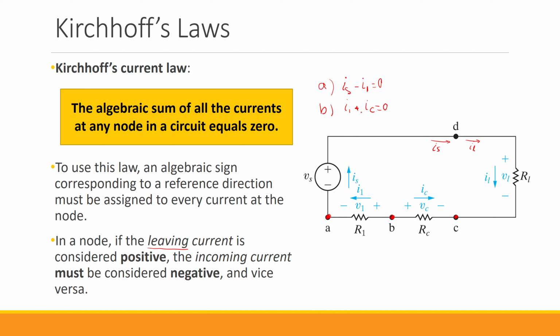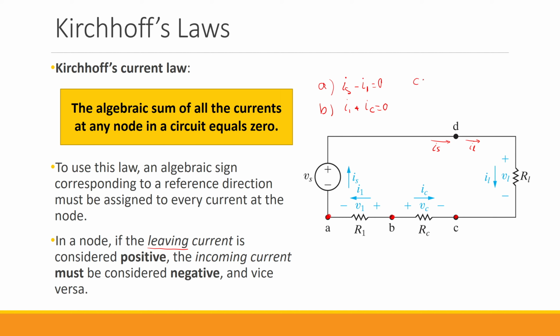We still haven't found the values for I1 and IC, so this can still be true. If I1 is 5 and IC is negative 5, this summation equals 0. These negative and positive signs are for the equations themselves, not necessarily representing the sign or the value of the variables.